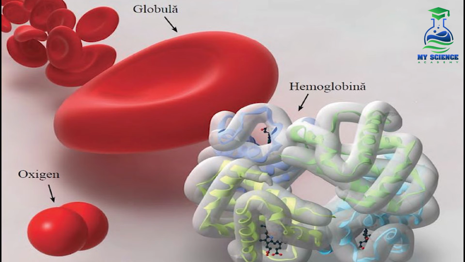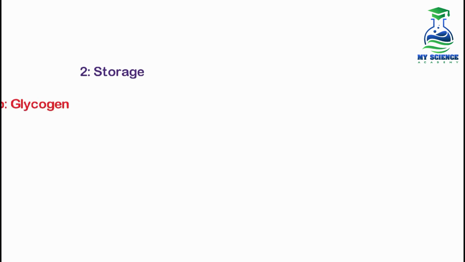In this diagram, the molecule of hemoglobin can be seen within the red blood cell, which is an iron containing protein, and it is responsible for carrying oxygen from lungs to the tissues. Another storage function of the liver is the storage of glycogen, that is a stored form of glucose.